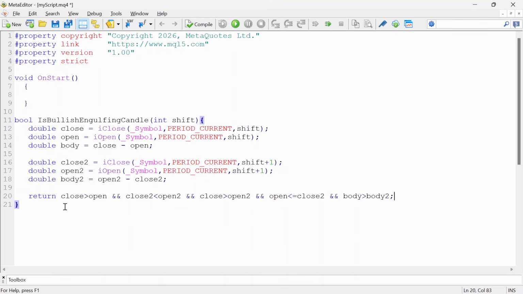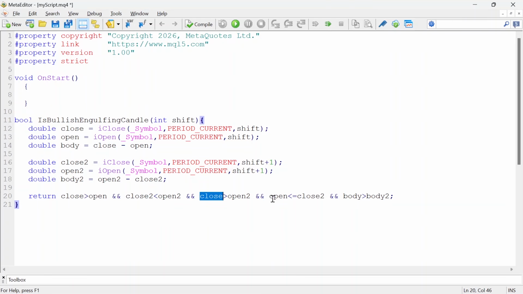So let's quickly recap. We want to be sure that this candle, the candle on the right hand side, is a bullish candle, so the close is higher than the open price. Then we want to be sure that the close of the previous candle, which is the candle on the left hand side, is lower than the opening of that same candle, meaning it's a bearish candle. Then we want to be sure that the close of the candle on the right hand side is above the opening of the previous candle, the candle beside it.